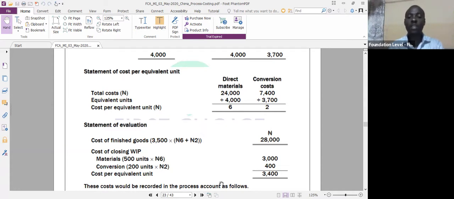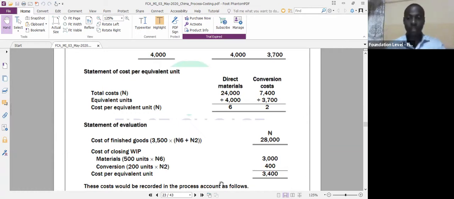It contains conversion, 2 naira per unit. So you add them together, 8 naira per unit. Multiply 8 by 3,500, it means your finished goods is 28,000. So 28,000 is the cost for the finished goods.